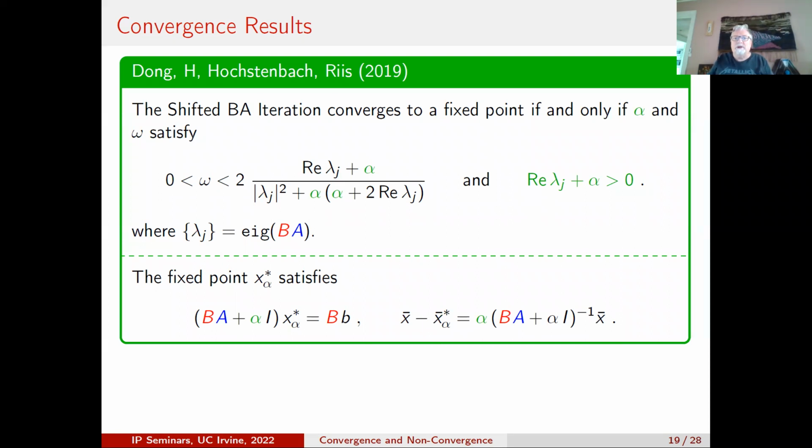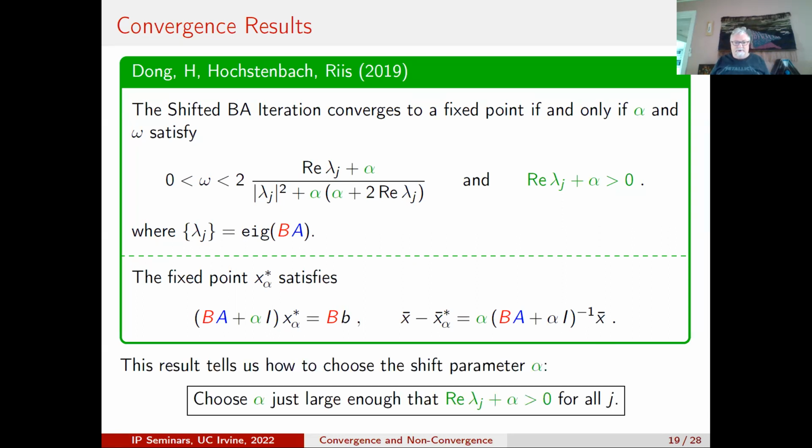We introduce it in order to make sure that our iterative method actually converges. And the theory here also tells us how to choose that parameter. Just be large enough that you shift all your eigenvalues to the right part of the complex plane. So that you can certainly do.